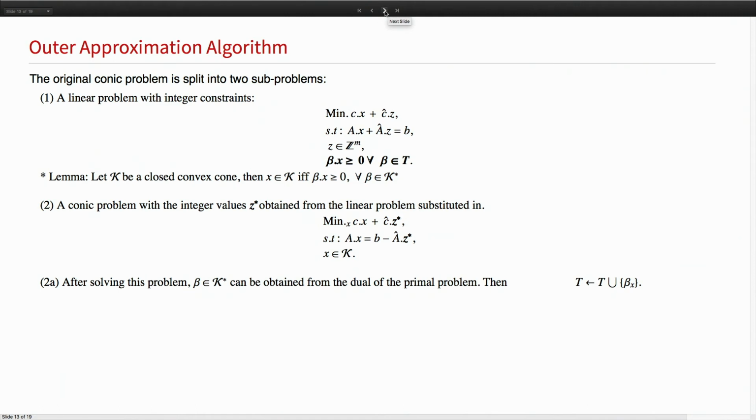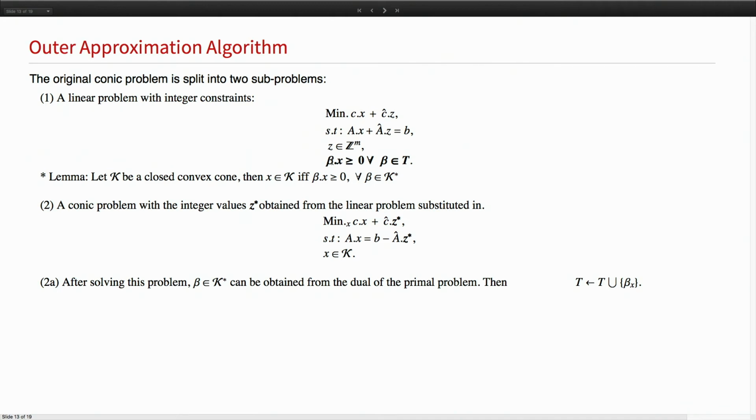What we basically do is take the original mixed integer problem and break it into two subproblems. The first is a linear subproblem, which only takes into account the linear objective, any equality constraints that it has, and these special inequalities. And these inequalities actually come from the conic subproblem.